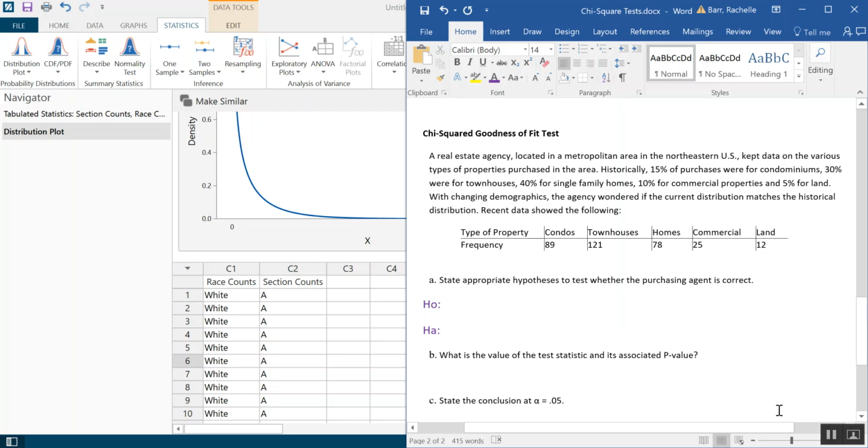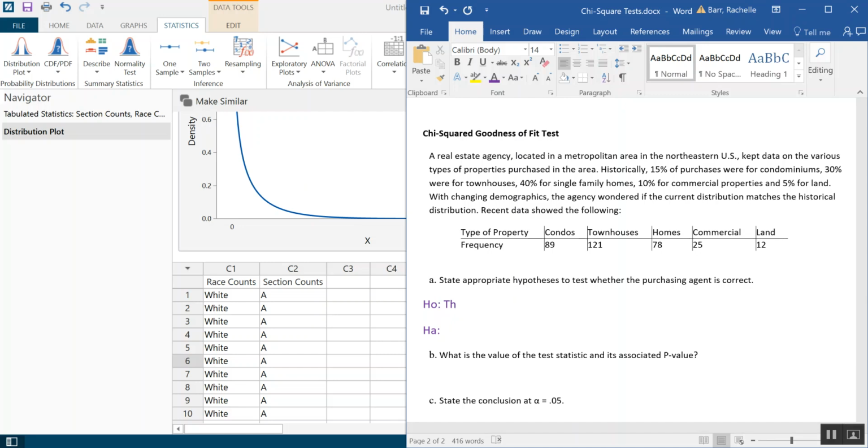So, yeah. All right. So this is a goodness of fit test because you have one variable, the type of property, and you're comparing it to historical values or some other value. So you're asking, are these distributions the same? This is a goodness of fit test. So your null hypothesis is that, hey, the current values are always the same, or nothing has changed.